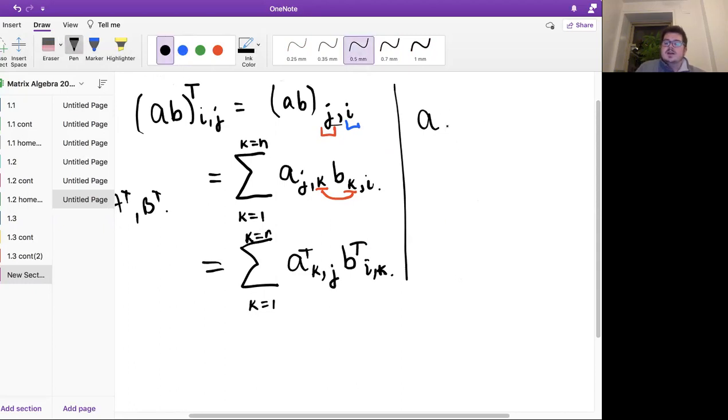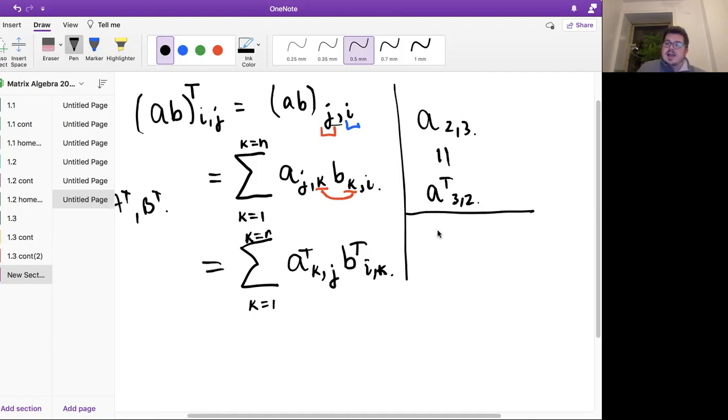Look at the element 2, 3 in A. When you transpose it, what does it become? 3, 2. Right. The 3, 2 entry in the transpose is equal to the 2, 3 entry in A. That's just the definition of transpose.